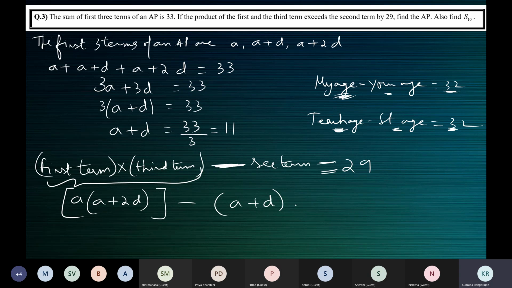If you write it without the bracket, it makes a different sense. This is the product of the first and the third term, this is the second term, and the difference is equal to 29. Yes, now you're ready. Solve and find the values of A and D.